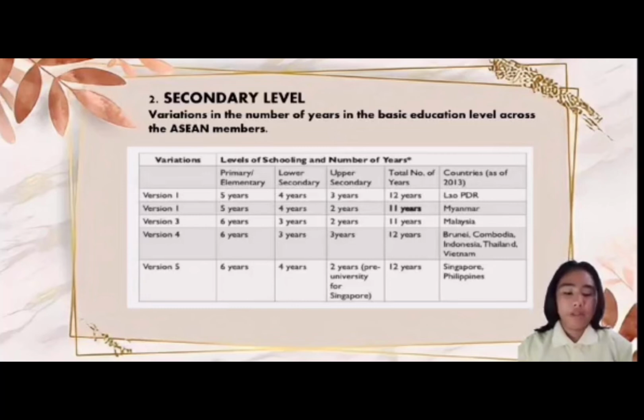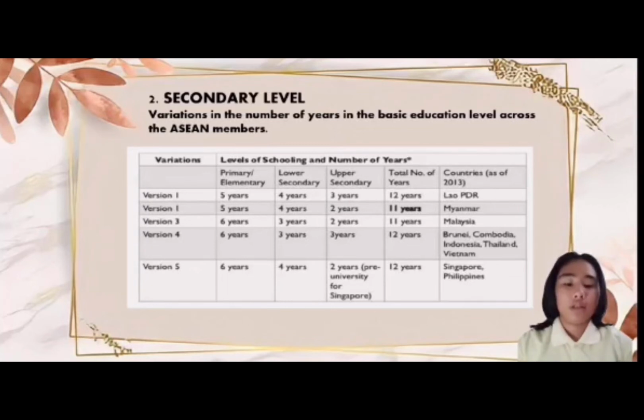In the Philippines, the junior high school is composed of grades 7, 8, 9, and 10. Grades 11 and 12 belong to senior high school. So, this is the variation in the number of years in the basic education across the ASEAN members.